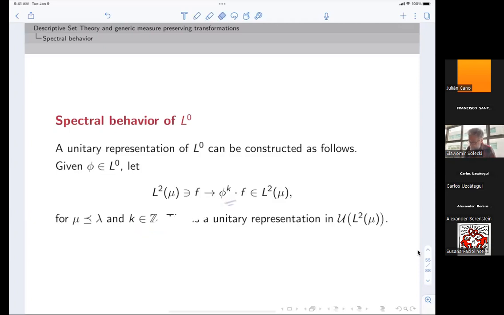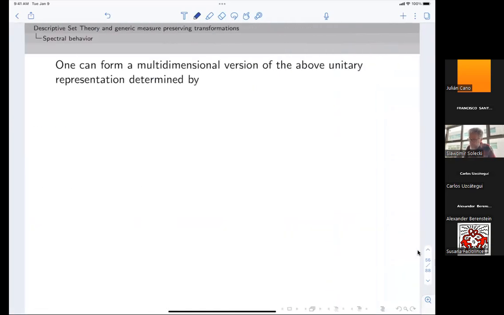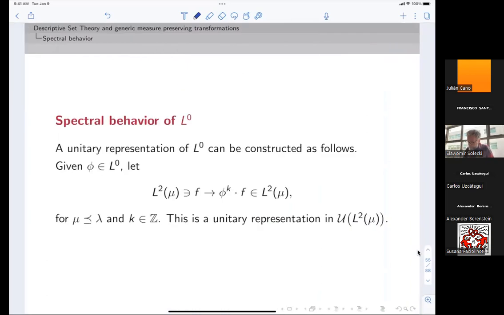And then, okay, so we have a bunch of those. What else can one do? One can do one more thing: a several dimensional version of it. What one does is this: mu is now on the product of [0,1] with [0,1].